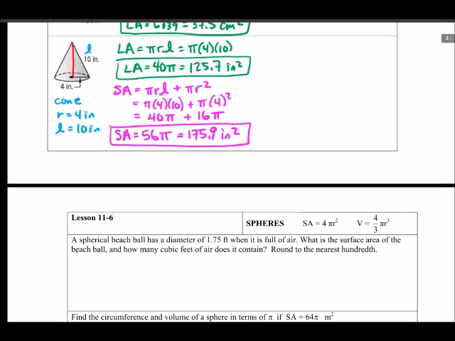And then you write your formulas and substitute in. You find lateral area, you find the area of your base, and then you find surface area. If you do this in steps, these problems will be very easy for you. So enjoy your studying.